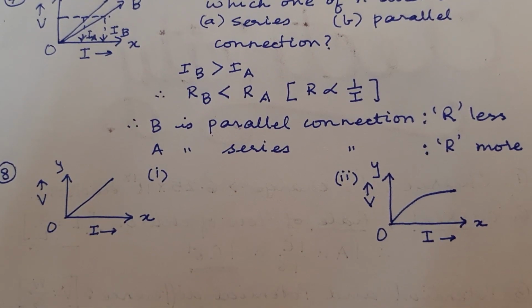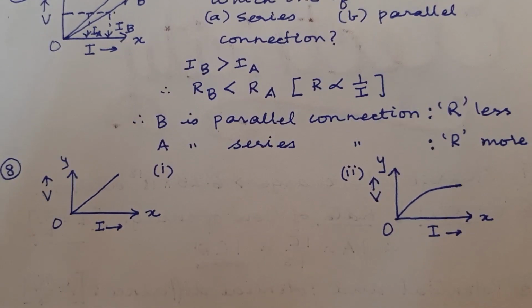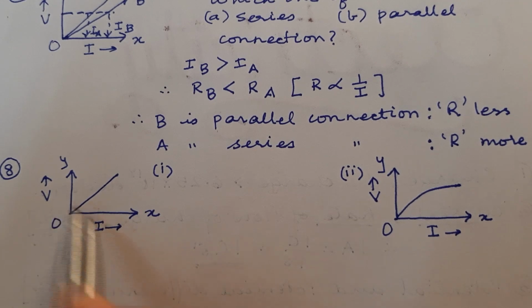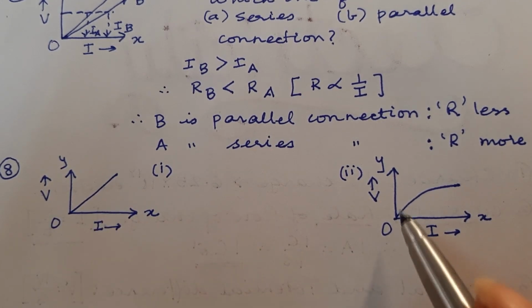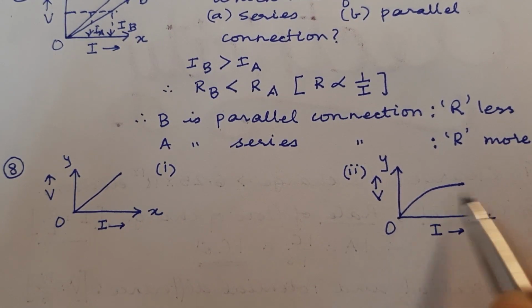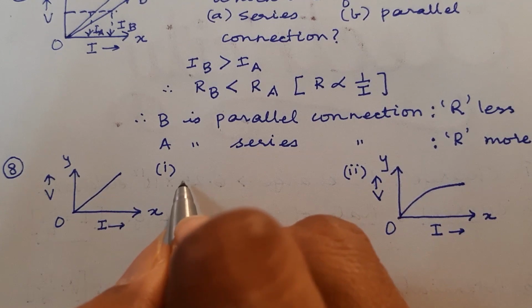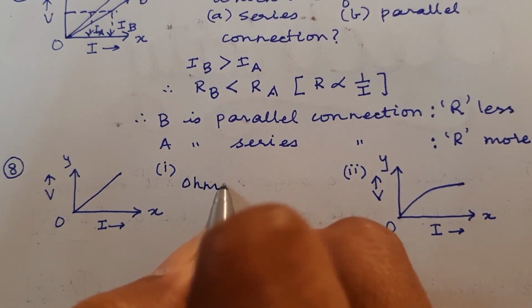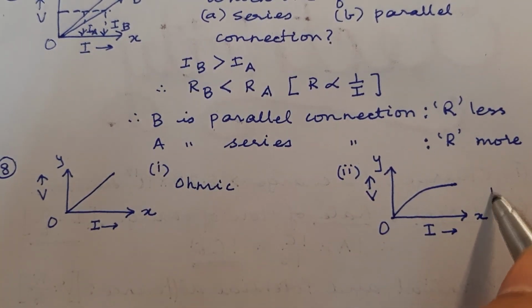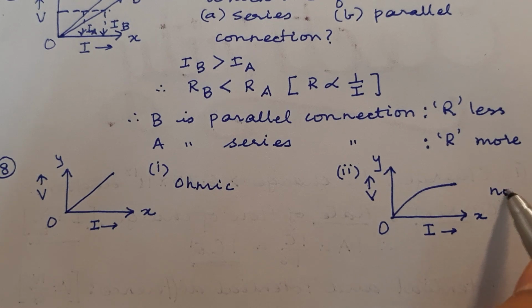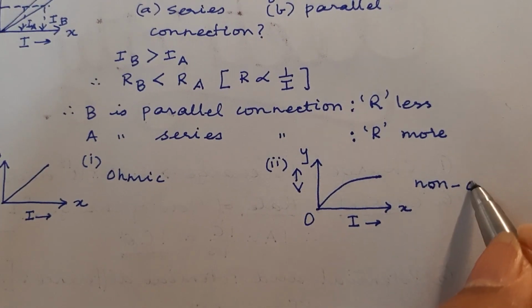Now here I have shown two graphs. You can see the first one is V against I, a straight line graph, and the second one is V against I, which is a curve, and they will ask you which one is ohmic, which is non-ohmic. If it's a straight line, remember it is ohmic, and this one will be non-ohmic.